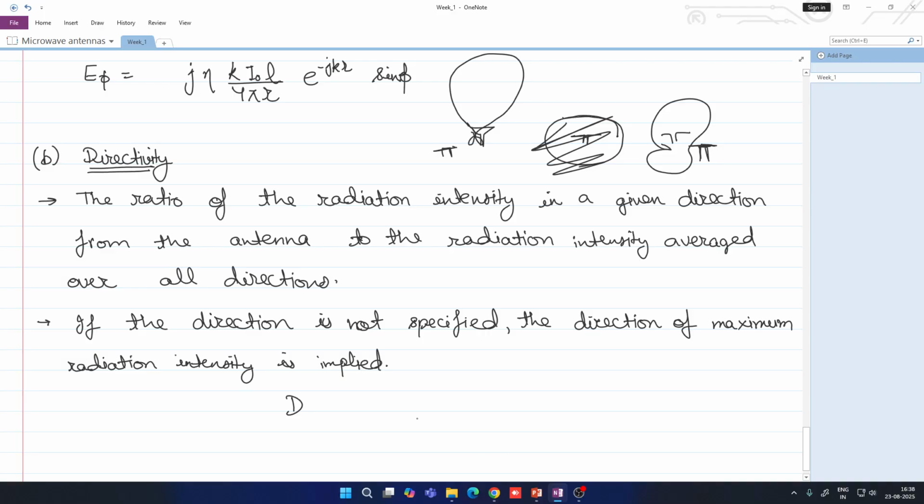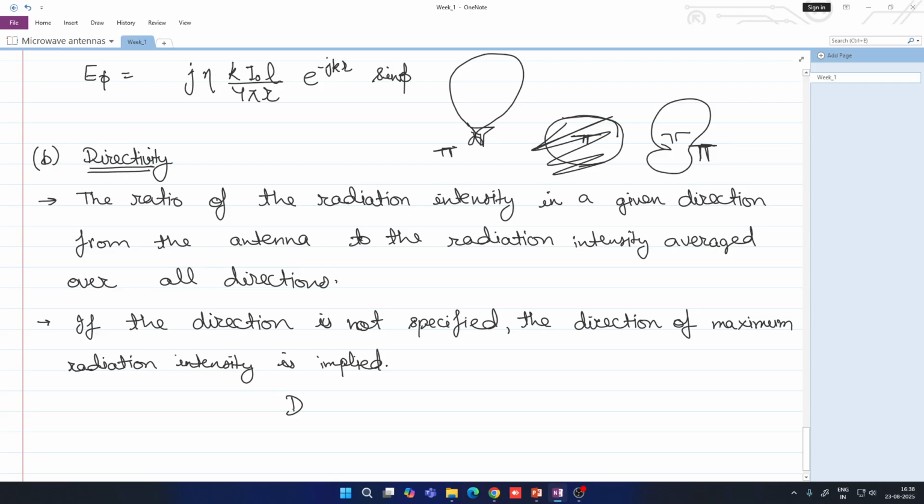It depends upon the application we are looking for. We have to see these antenna parameters. If we are designing an antenna, we first have to specify our requirements, and based on that we design the antenna. That's why learning these things is important for the basics.